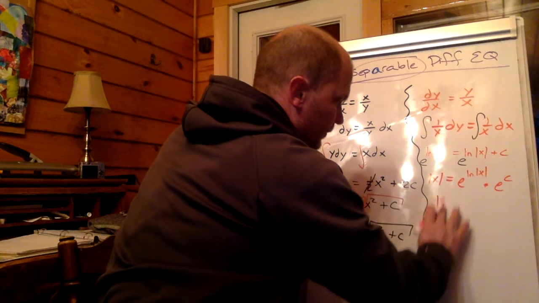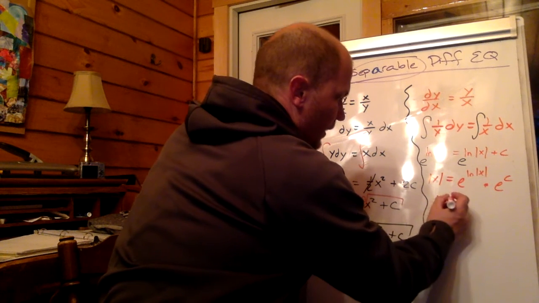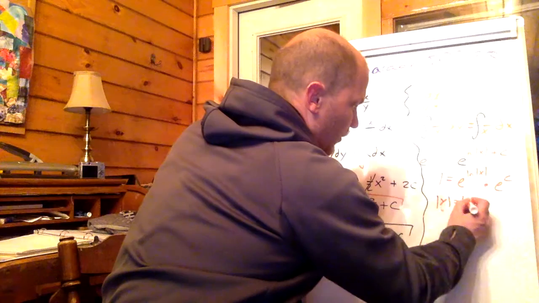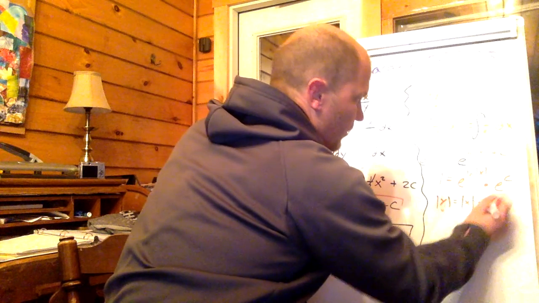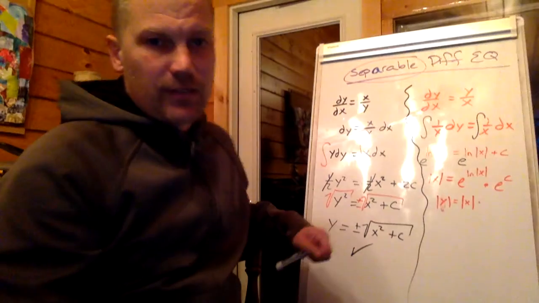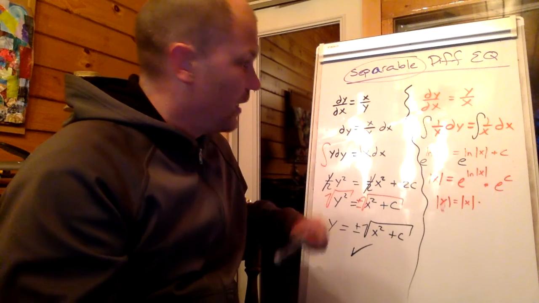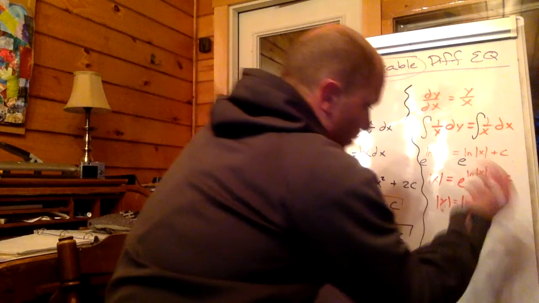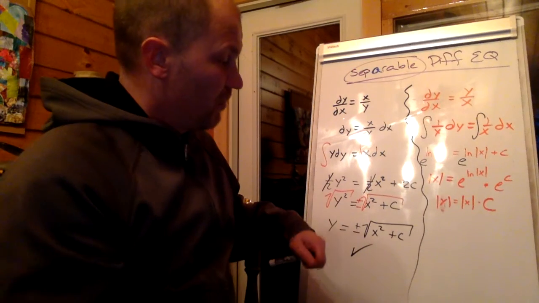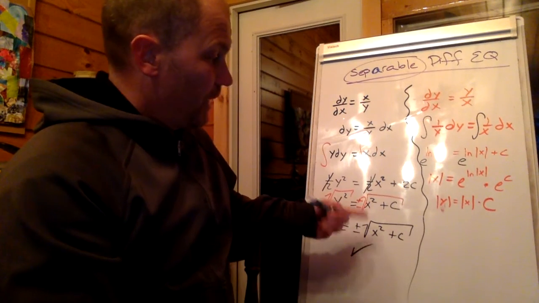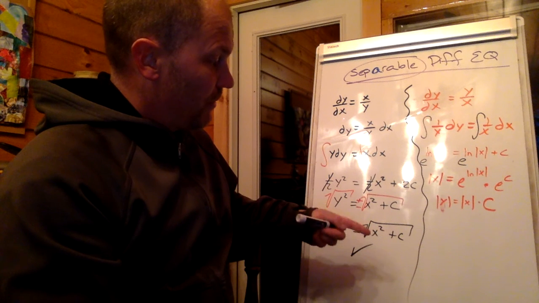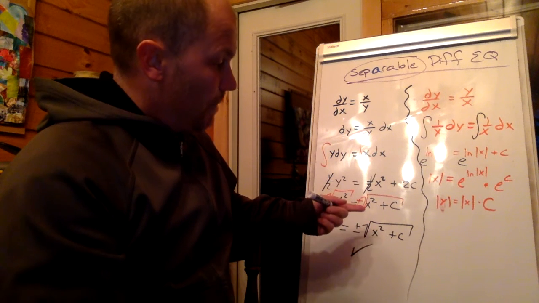So the absolute value of y is the absolute value of x times e to the c. Well, e to the c is just another constant. So let's call it c this time. We could call it a, we could call it whatever. Sure, it's still c. So we have the absolute value of y equals the absolute value of x times c.